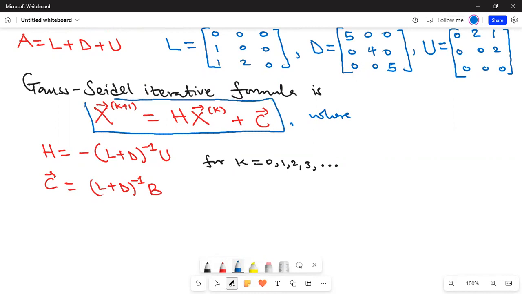So let's start by finding L plus D, and then we get its inverse. So our L plus D, when you work it out, you need to get 5, 0, 0, 1, 4, 0, 1, 2, 5. We need the inverse, L plus D inverse.